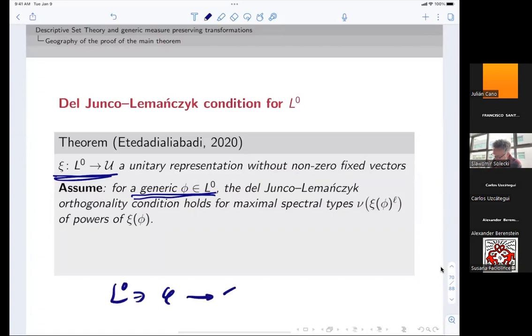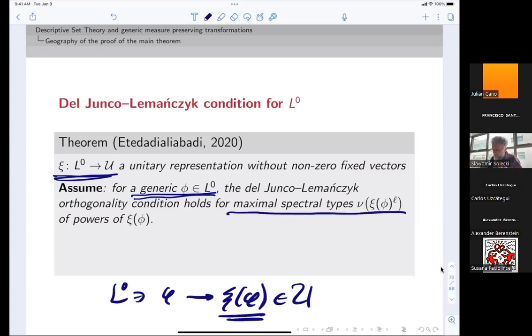one associates a unitary operator in U. This unitary operator, just like elements of Aut, has these maximal spectral measures. It's not just for the elements of Aut, it's also for the unitary operators. One can still take the powers, take maximal spectral types of the powers, take the convolutions of those, and just make the assumption that for this unitary representation, the Del Junco-Lemańczyk condition holds.